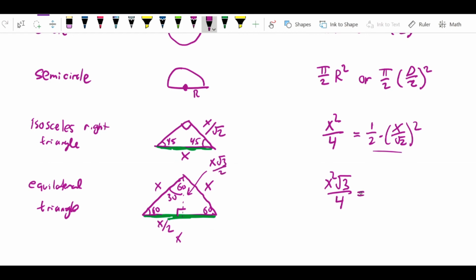So I'm simply going to find the area of two of these half triangles: the altitude times the base of one of them. That's going to be x root 3 over 2 times x over 2, which comes out to x squared root 3 over 4. That gives you the area of the full equilateral triangle.